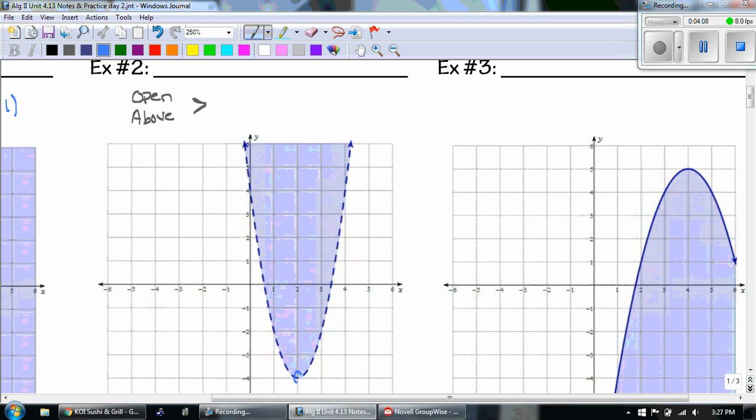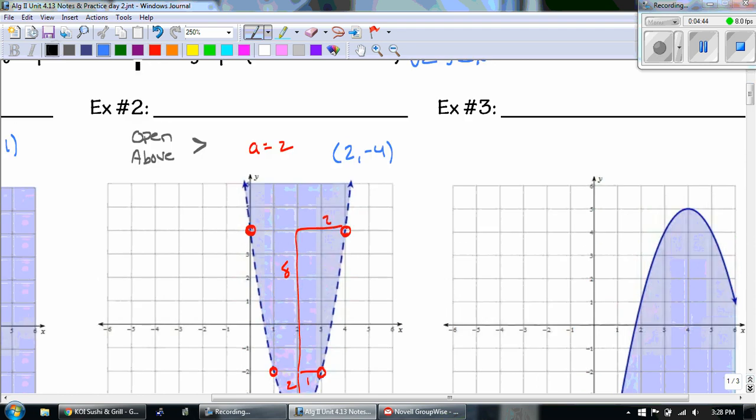My vertex is right here, and that vertex is at 2, negative 4? Then I need to figure out what my pattern is. It's not up 1 over 1, it's up 2 over 1, and then 2, 4, 6, 8, and there it is. So it was 2 over 1, and then 8 over 2, which is my positive 2 pattern.